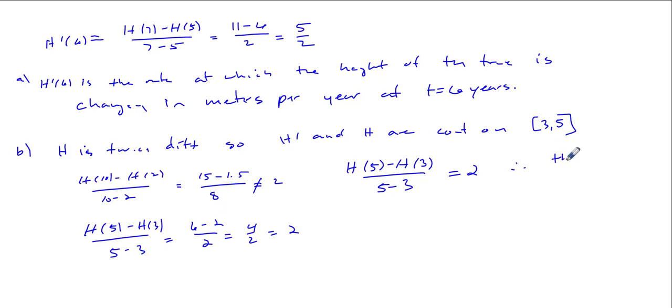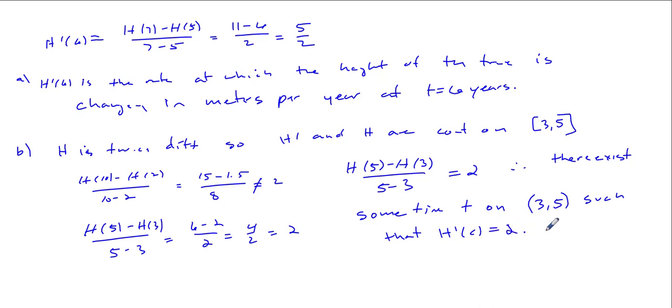Therefore, there exists some time t, or we can say one time t, like they said in the question, on, let's go 3 to 5, remember it's the open interval, such that h prime at that c value equals 2.